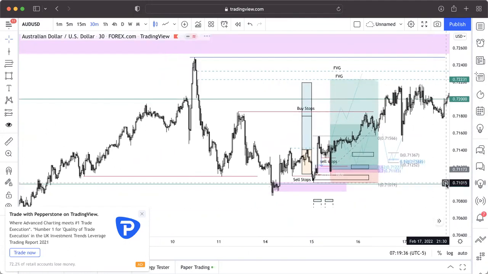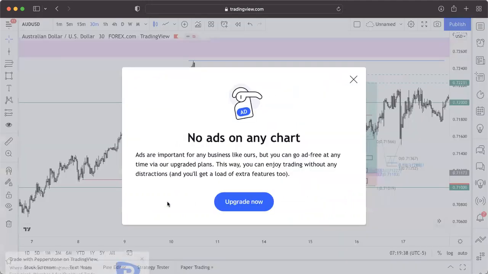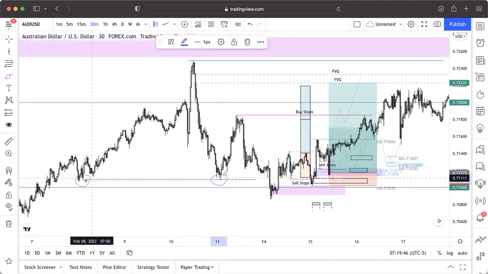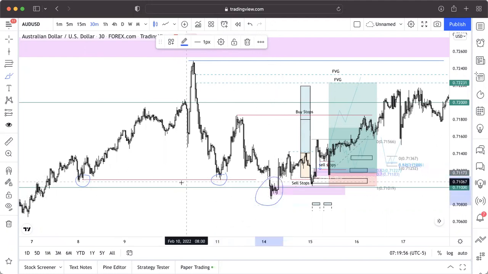First, we had this low and this low. Obviously, that was equal lows in the market. So it's liquidity, and this low manipulated us. Obviously, we got the liquidity sweep right there.